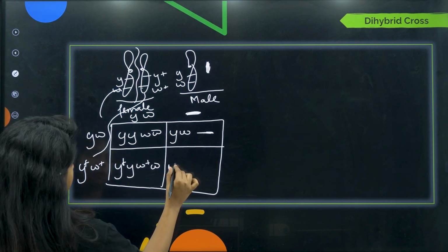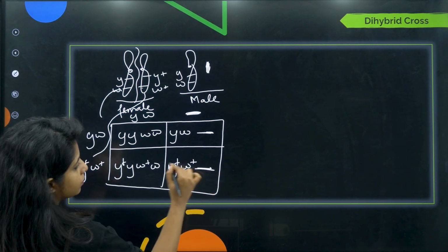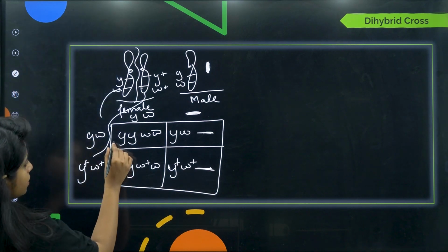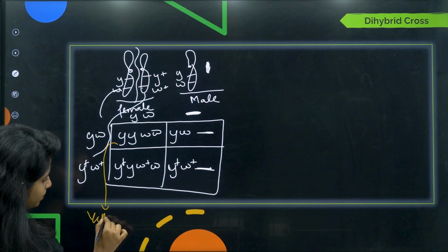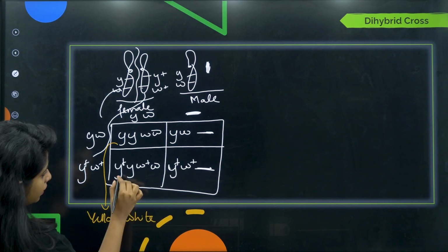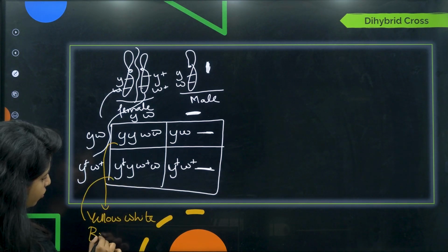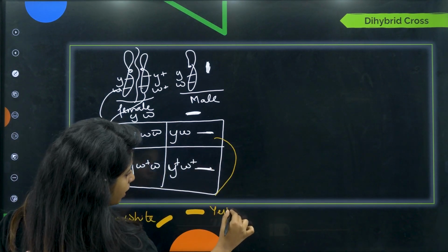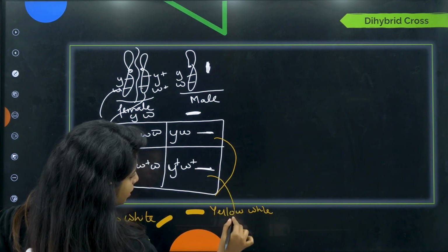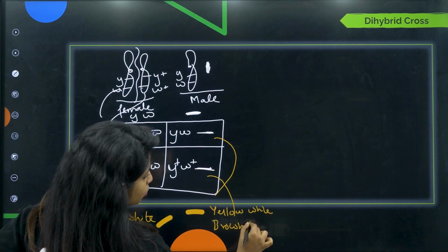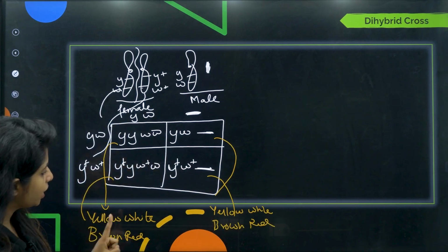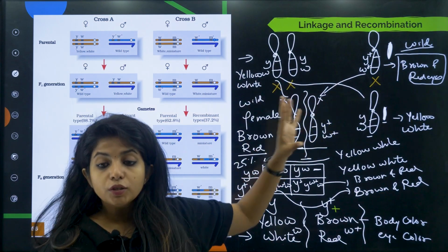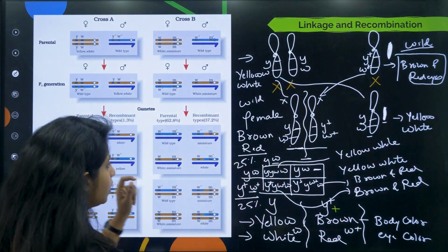Now if I read down the traits, this trait is yellow white, this trait is brown red, this trait is again yellow white, and this trait is again brown red. So one thing I saw over here is that I got yellow white and brown red, similar to the parents that I started with. So the parental combinations were more over here. Now what about recombination?